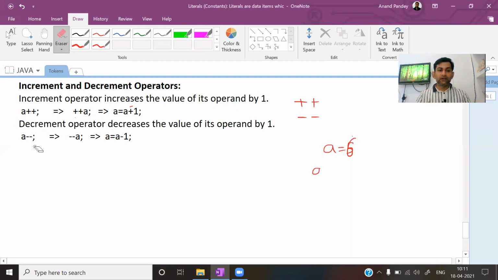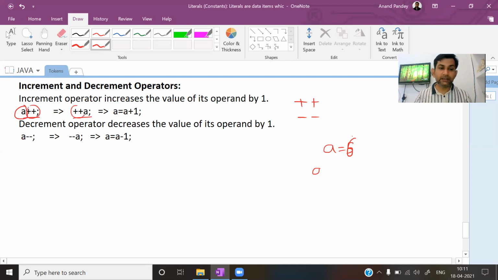Okay, so here I am saying that if I am writing a plus plus or I am writing plus plus a, in both the cases the value of a will increase by 1, means both are similar, but कुछ तो difference होगा. Here a is operand and this plus plus is what? Operator.